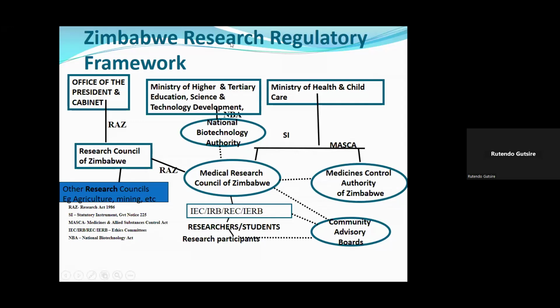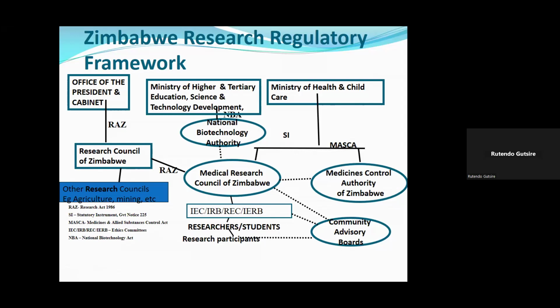And there are the different statutory instruments or acts. This is the Research Act of Zimbabwe, the statutory instrument. These are the guiding documents that these different organizations use when they are carrying out their work.